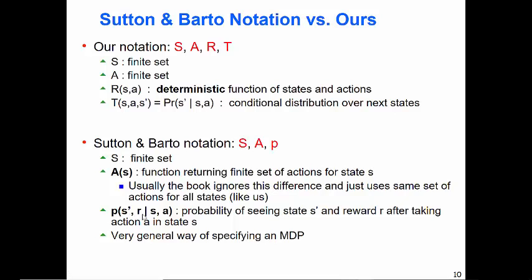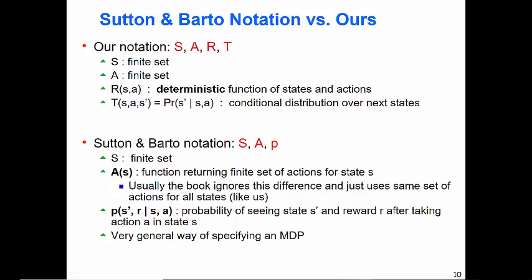Mathematically, it's not too rigorous of a book. They technically would have to discretize these rewards to make this make sense. Otherwise, you would have to have a density function. If that doesn't make sense, don't worry about it. But just assume there's a finite set of rewards. That's how their book sort of needs to work.